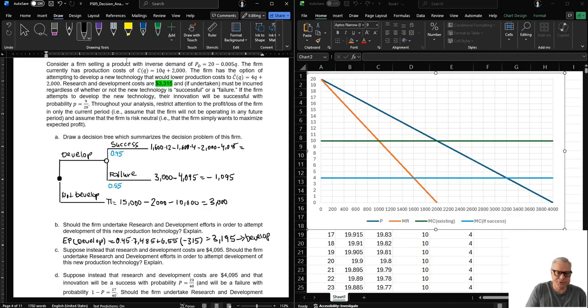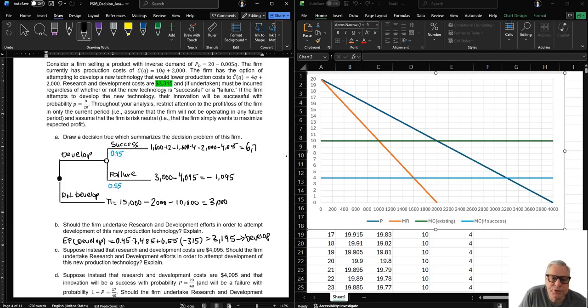for the success scenario we will get 1,600 times 12 minus 1,600 times 4 minus 2,000 minus 4,095. I get 6,705.